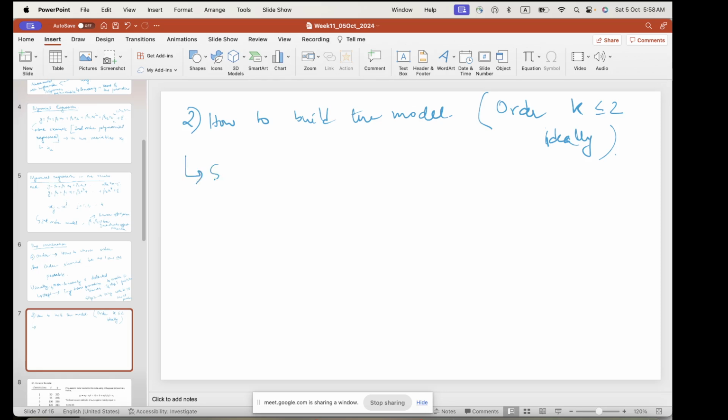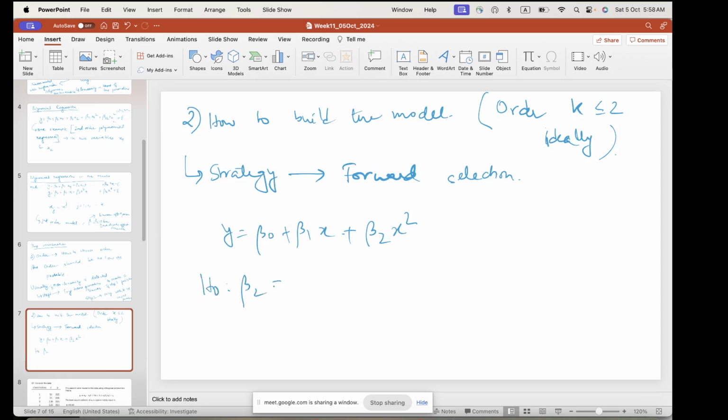So the strategy is actually forward selection. We learnt about forward selection a couple of weeks ago. So first we'll fit this. If this is not fitting the data well, we'll incorporate this, and then we'll test beta 2 equal to 0 versus beta 2 not equal to 0.